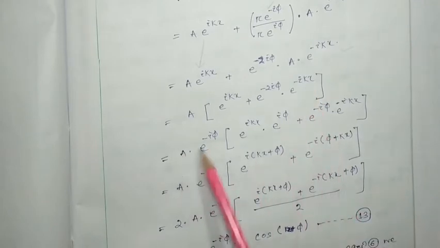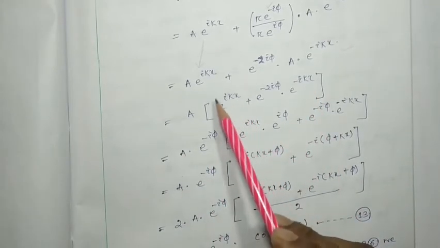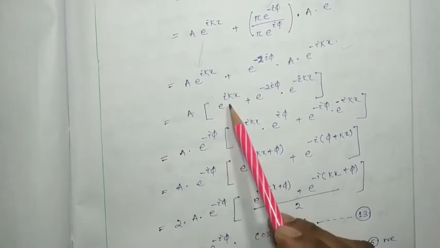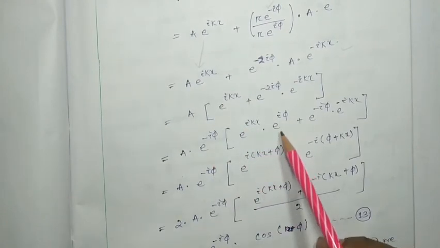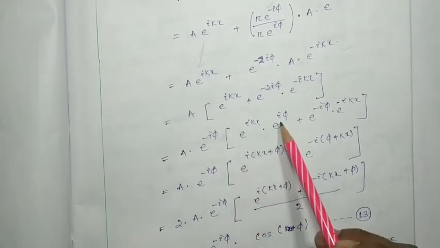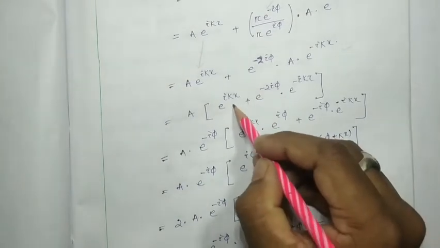Then it will be a e to the power minus i phi. Here there is no e to the power i phi term, so if we take e to the power minus i phi common from this term, I have to multiply e to the power i phi, because e to the power i phi into e to the power minus i phi will be e to the 0, which is 1.